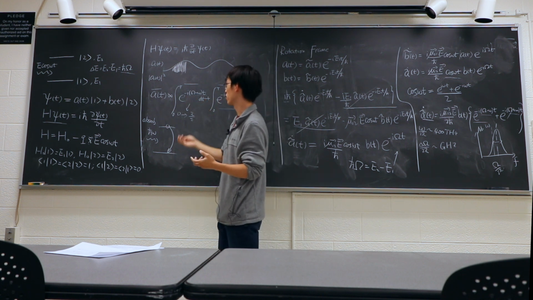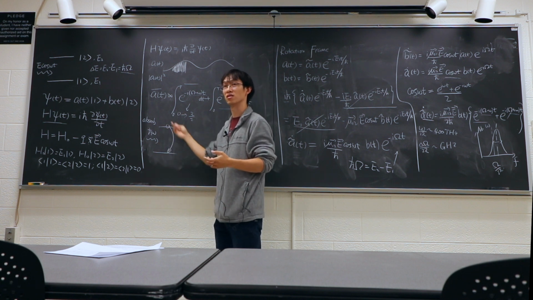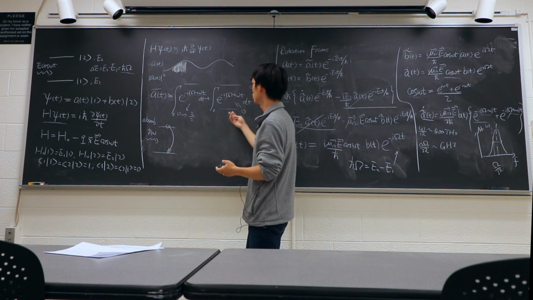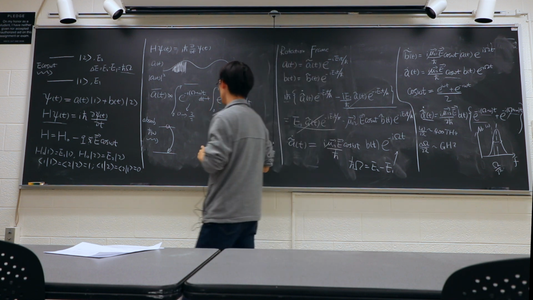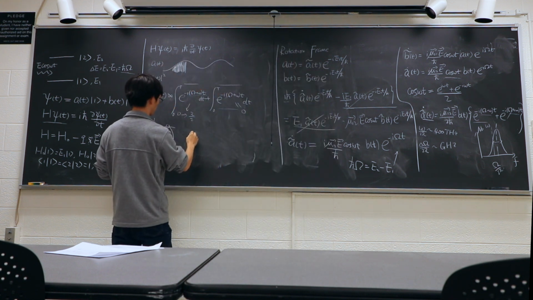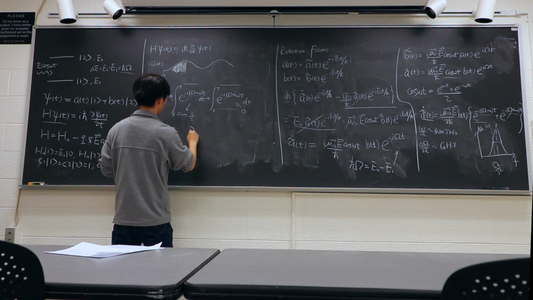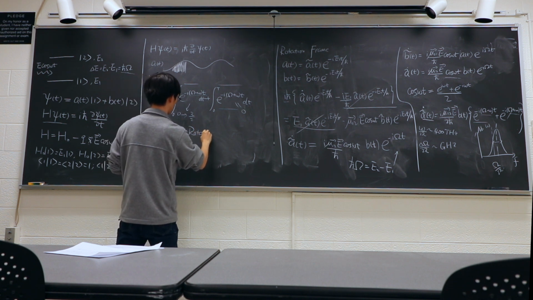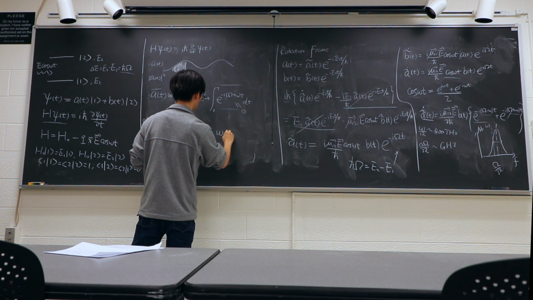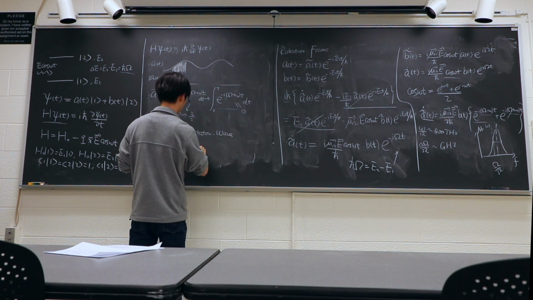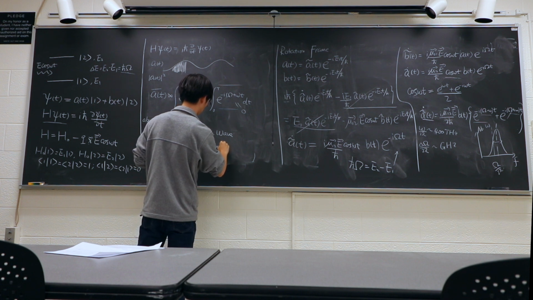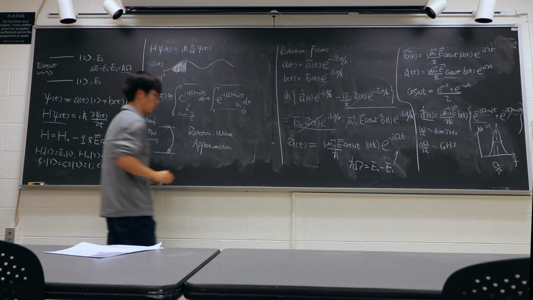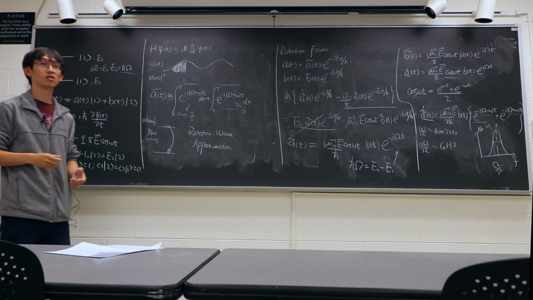But in a quantum picture, you can always get rid of this because it doesn't make sense. So this is the approximation we use in light frequency, in optical frequency. It's called rotating wave approximation. But what it really is, is energy conservation.